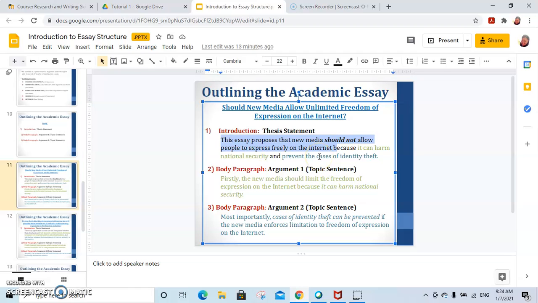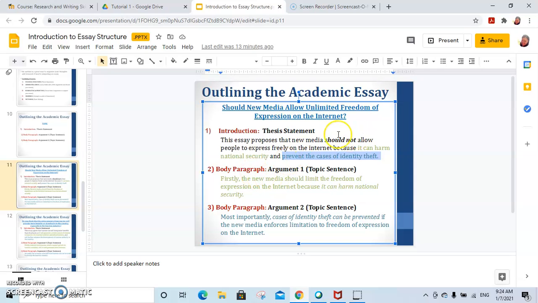The author believes that new media should not allow people to express freely on the internet because, and these are the two arguments, firstly, it can harm national security. That's the first argument. And secondly, it can prevent the cases of identity theft. So there are two arguments to support. Argument 1 or reason 1, and argument 2 or reason 2.